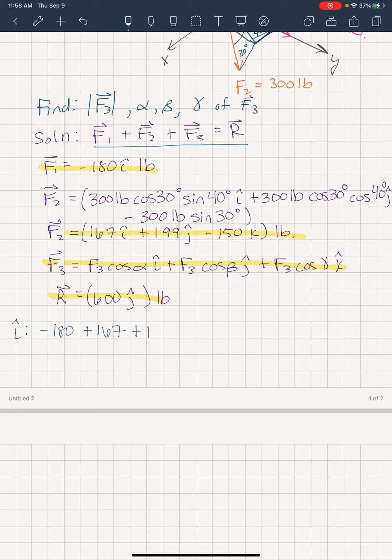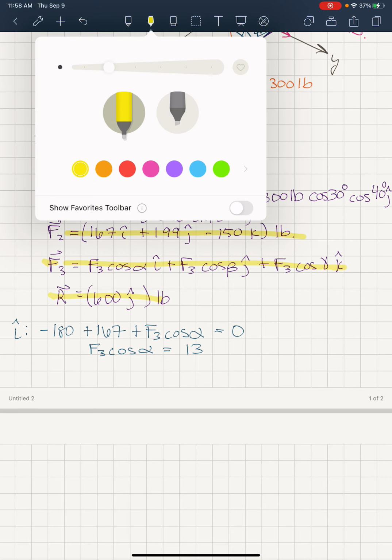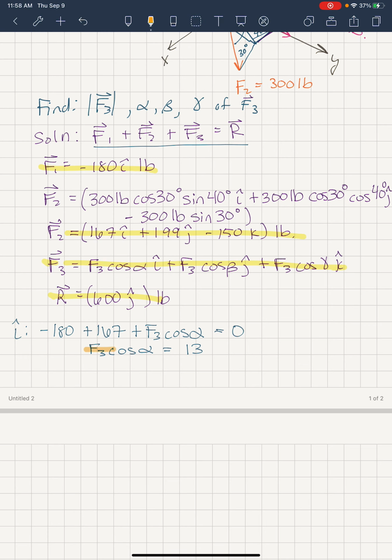F3 is plus F3 cosine of alpha, and that equals 0, because R doesn't have anything in the I direction. And so we can reduce this to make it easier to deal with later. F3 cosine of alpha equals 180 minus 167, which is going to be 13. So I'm going to highlight that.